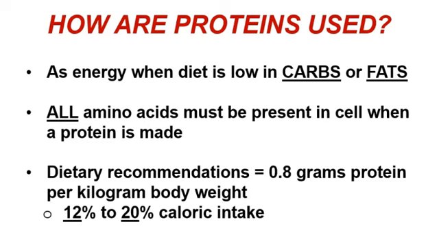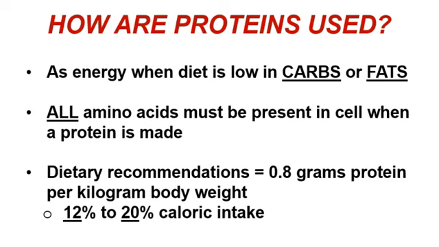This is part of a process referred to as gluconeogenesis, which occurs in the liver. And proteins or amino acids that are used in gluconeogenesis to create energy means that there are fewer amino acids available for other things such as cellular repair, healing, and growth.